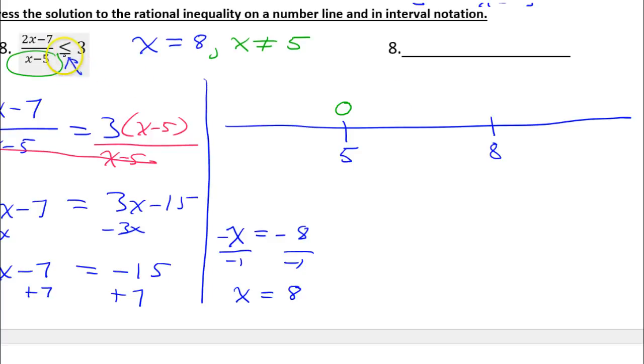If it's less than or equal to, the equal to means that we want to include points like 8 where the function is equal to 3, and that's what we just solved for. So we're going to include this because we want the equal to points. If this was just less than 3, then I would have put an open circle.